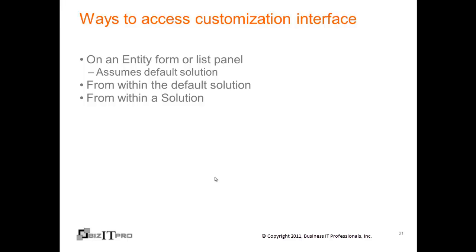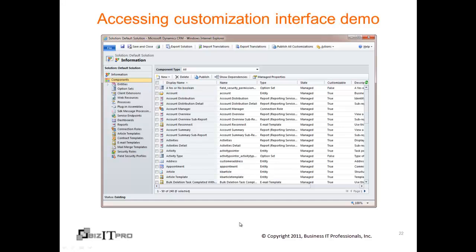We can also go to settings and open the default solution and do our customizations from there. It's a more global process. And then finally we can open a specific solution and create customizations which are related to that solution. Any entities created within that solution would be owned by that solution moving forward. So let's go ahead and demonstrate that for you now.